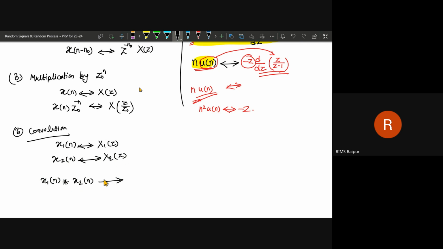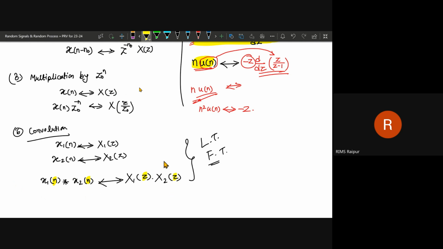Then in the Z domain, it will be X1 of Z into X2 of Z. You might have already studied the convolution property for the Laplace transform and Fourier transform. The same property applies for the Z transform also. Just one change is there: here we have n instead of t, and z instead of s or omega.